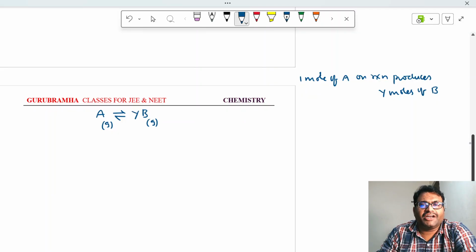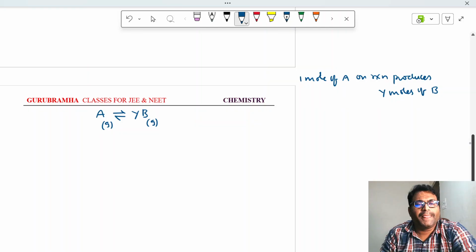Looking at the equation, 1 mole of A on reaction gives you Y moles of B.